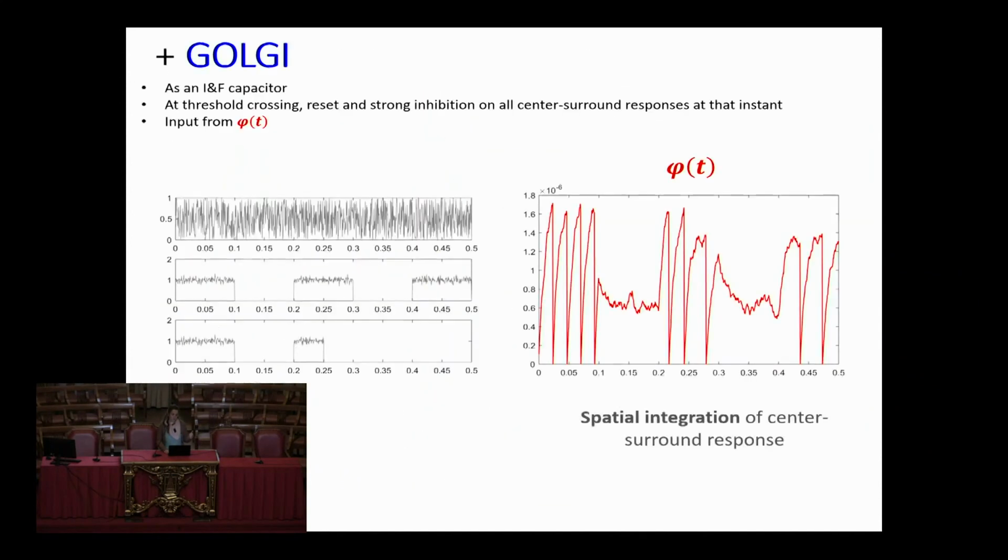Then we have a spatial integration of all these units, and we also introduced a big Golgi cell, which creates a synchronized inhibition on these input units.